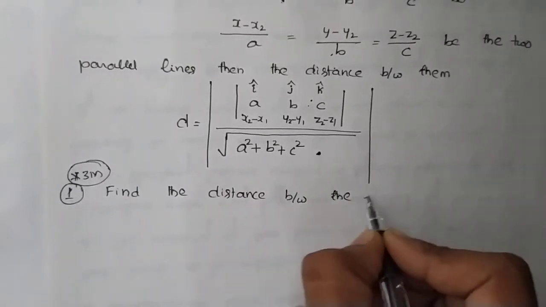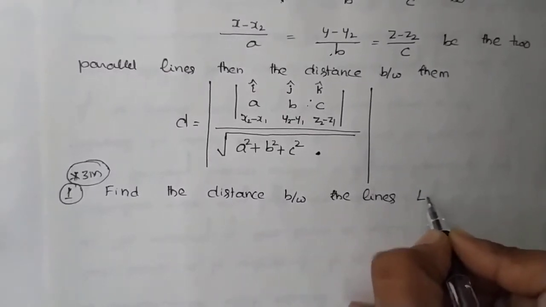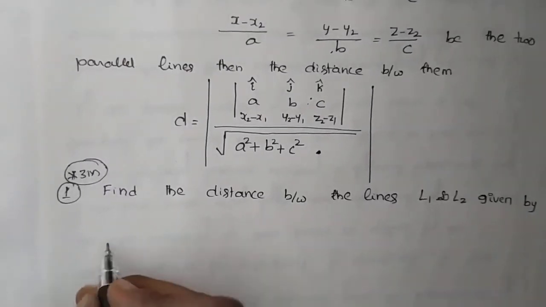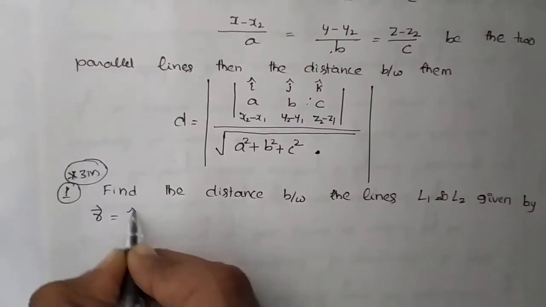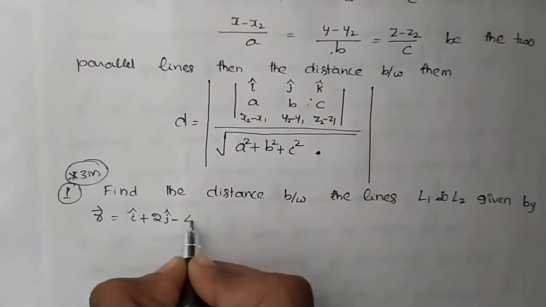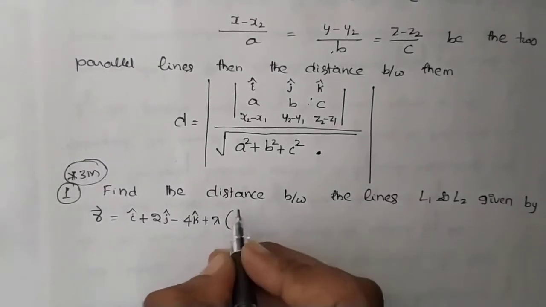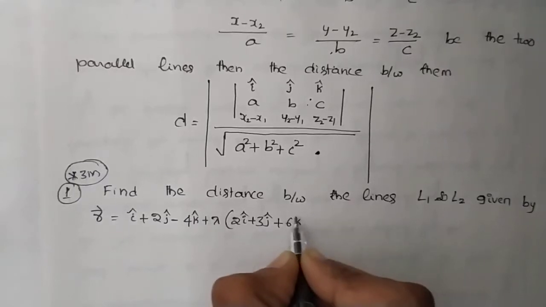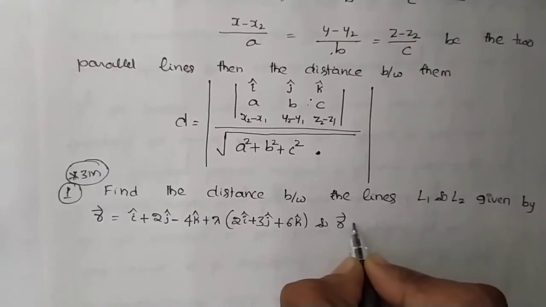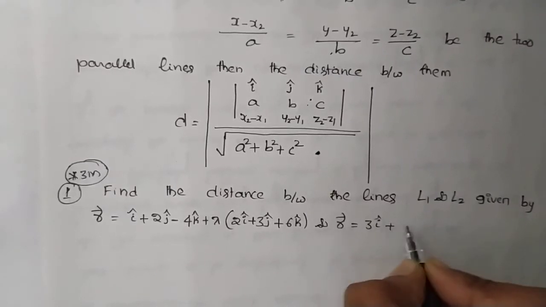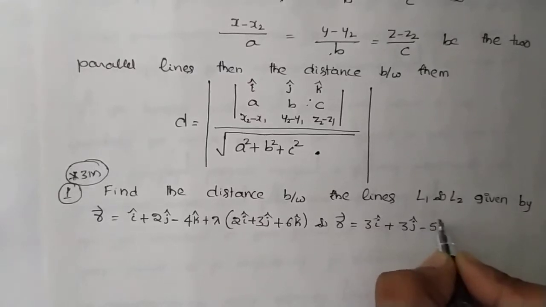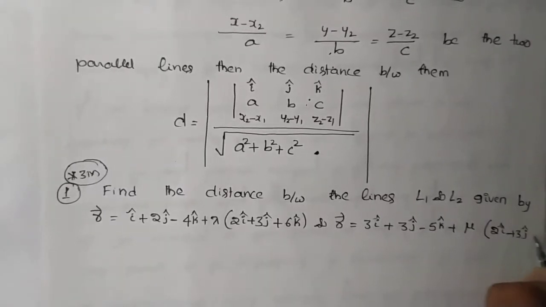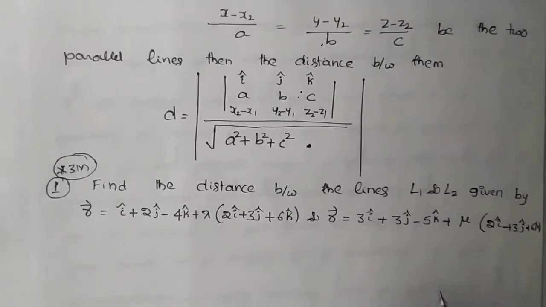Find the distance between the lines L1 and L2 given by r vector equals i cap plus 2 j cap minus 4 k cap plus lambda into (2 i cap plus 3 j cap plus 6 k cap), and one more line, r vector equals 3 i cap plus 3 j cap minus 5 k cap plus mu into (2 i cap plus 3 j cap plus 6 k cap).